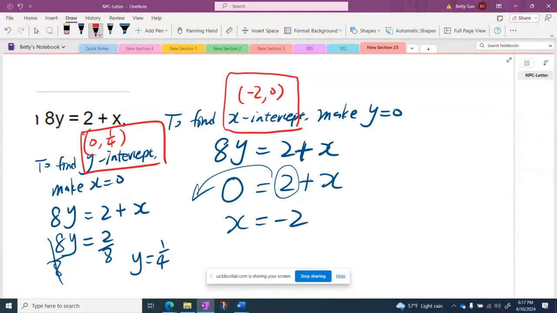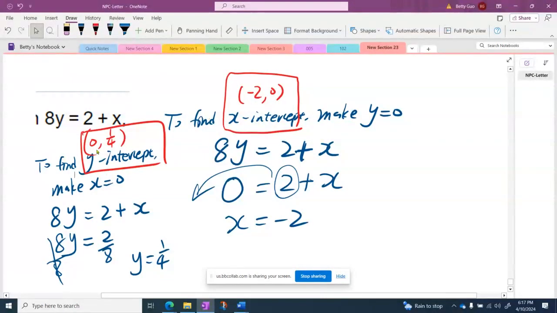All right, so those are the intercepts. X-intercept, -2, 0. Y-intercept, 0, 1/4. Very important thing is the x-intercept must have the second coordinate as 0. Any x-intercept, by the way. The x-intercept you found has to have the y value 0.